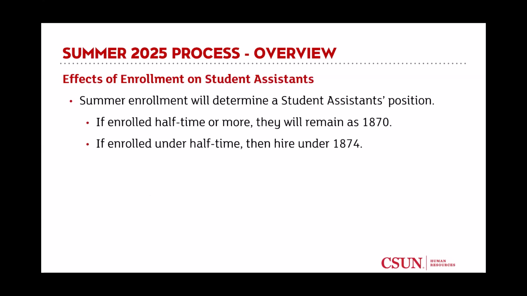So to review, like I mentioned, student summer enrollment will determine the student assistant position. A more cut and dry way to look at it: if they are enrolled halftime or more, then they will remain as 1870. But if they are enrolled under halftime, then the department will need to hire them under 1874. I'll go into how you would do that.